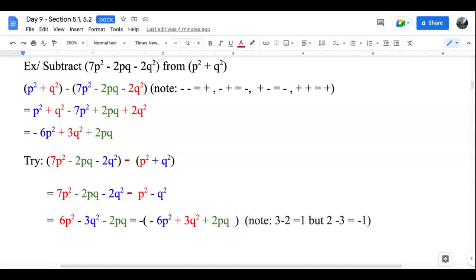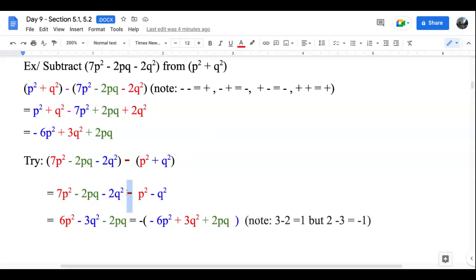Does order matter when it comes to adding or subtracting like terms? Yes, order matters, so just be careful with the negative. With plus, you can switch the order, but with minus, you cannot switch the order, right?